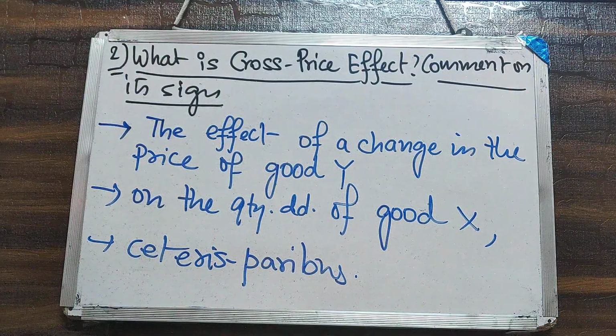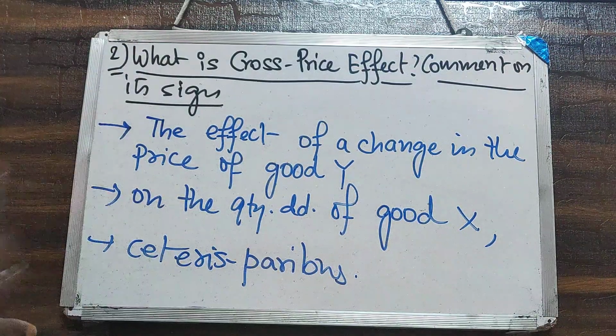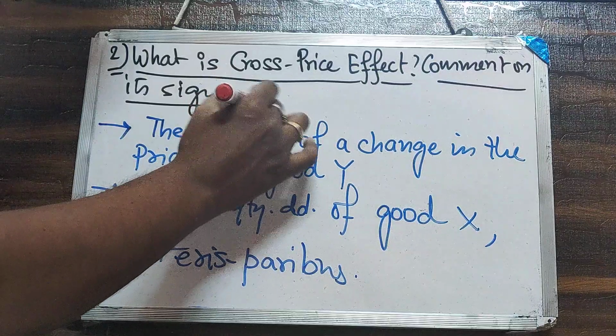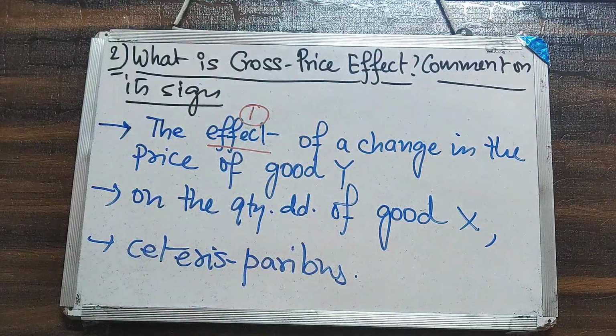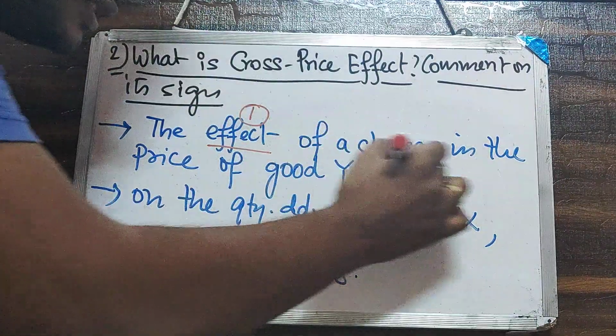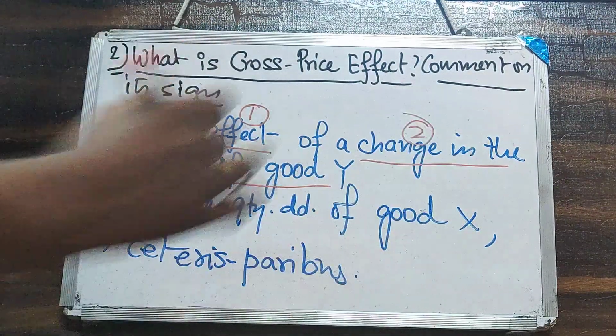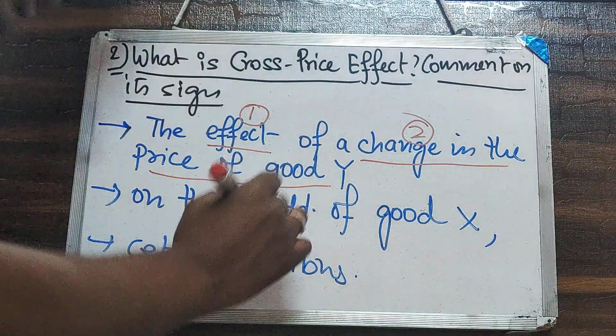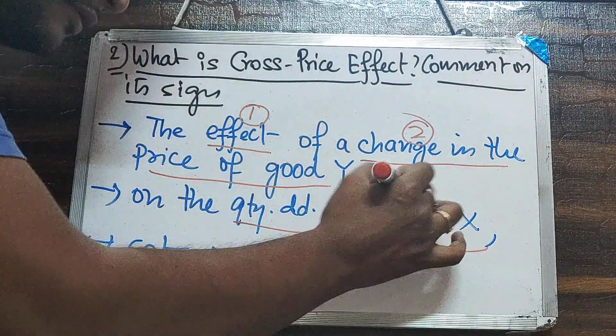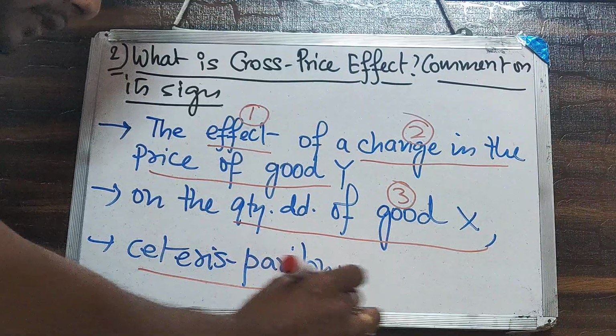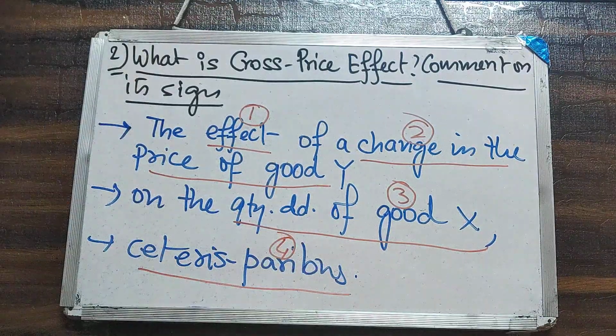So here also, what is a cross price effect? It is an effect. Now effect of what? Change in the price of a related good Y on the quantity demanded of good X, keeping all other factors constant.